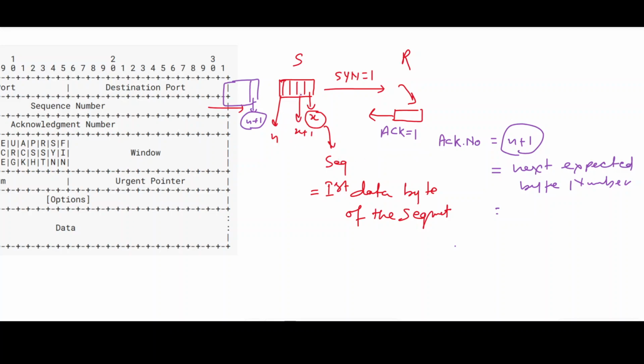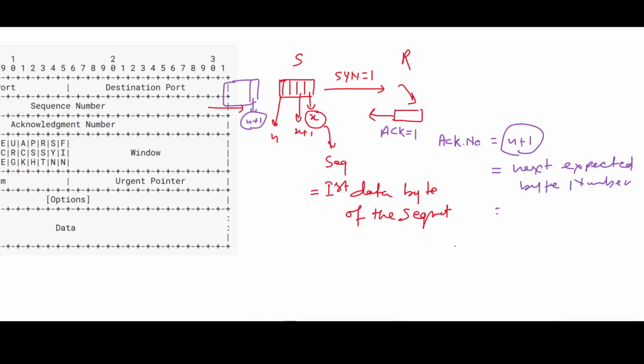Again, it contains the sequence number of the data byte that the receiver expects to receive next from the sender. We are saying the same thing here.